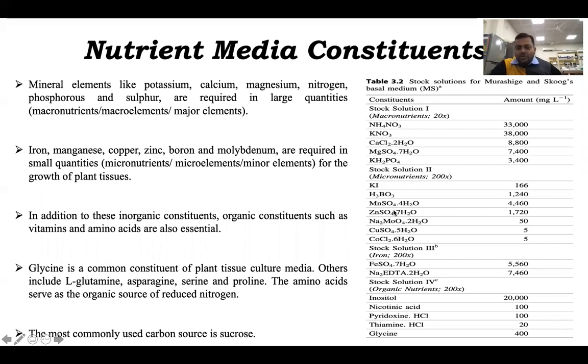Among these micronutrients, iron is not added. We prepare a separate stock for FeEDTA. We provide it in the chelated form to allow its slow release into the medium, so we don't use just FeSO4. We give it as FeEDTA so that it is in the chelated form.